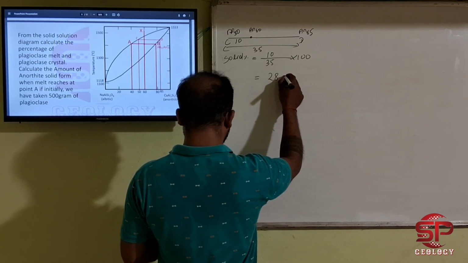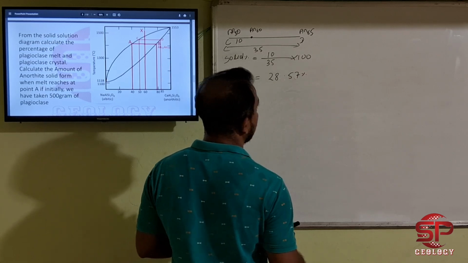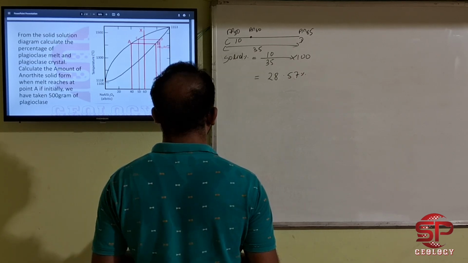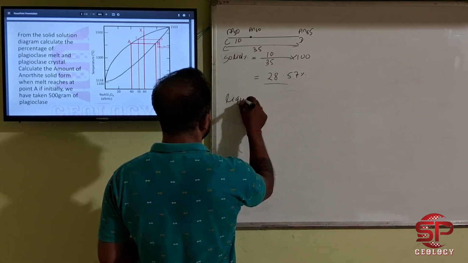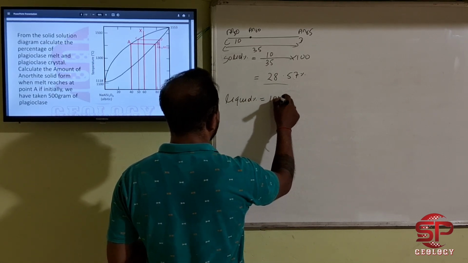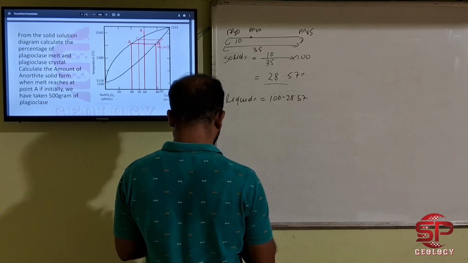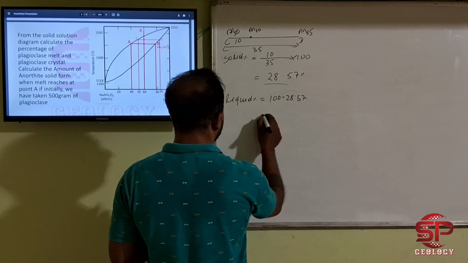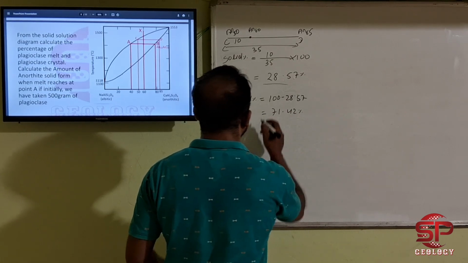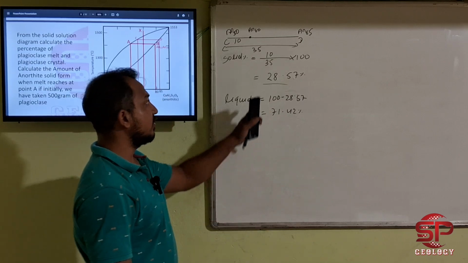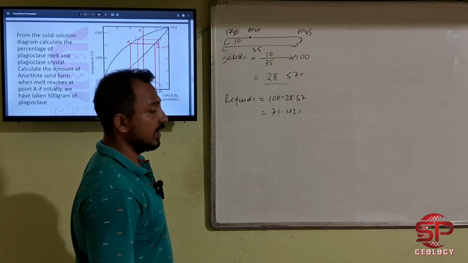It will be 28.57% solid. Then the liquid percentage will be 100 minus 28.57, which is approximately 71.42%. So this is the solid percentage and the liquid percentage at C.